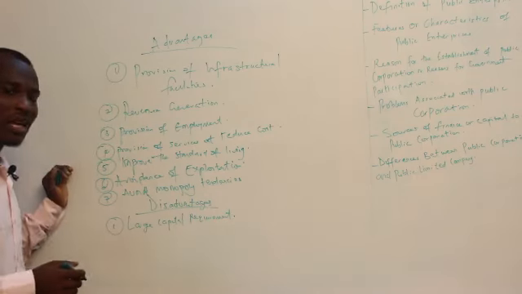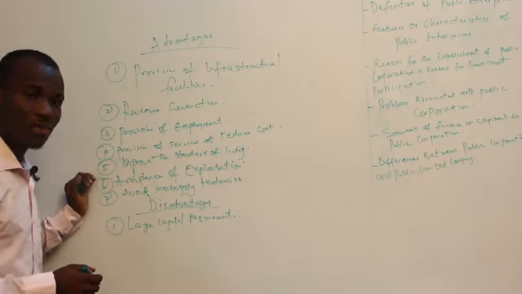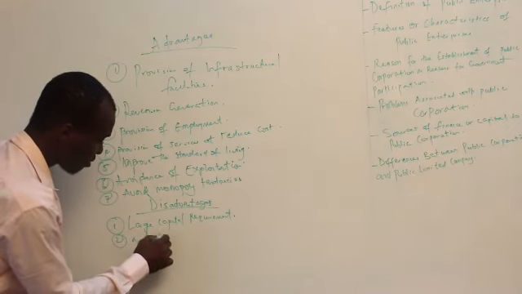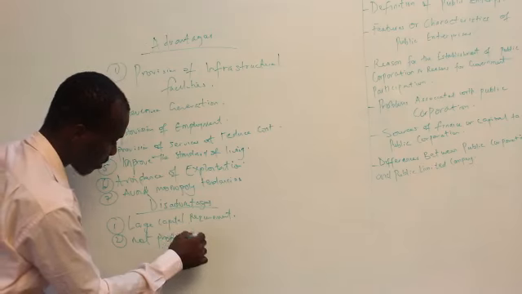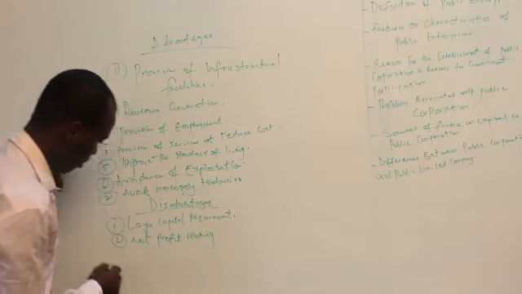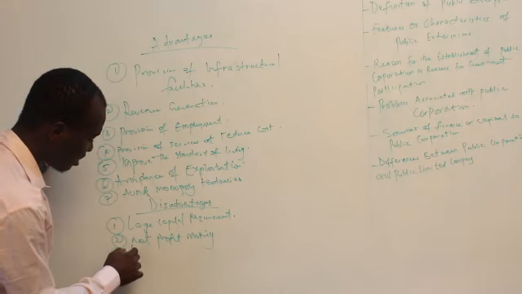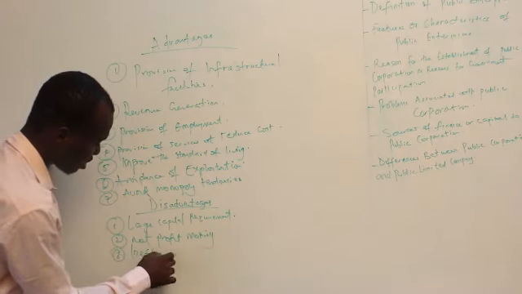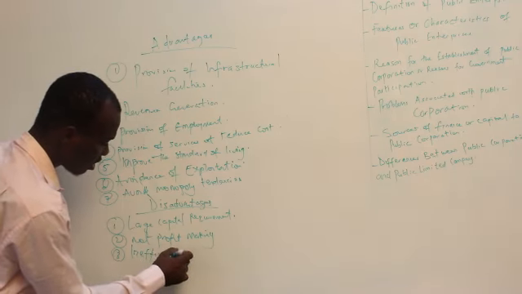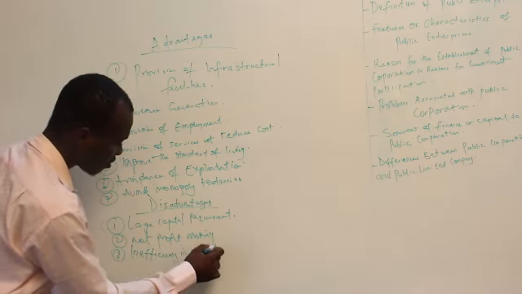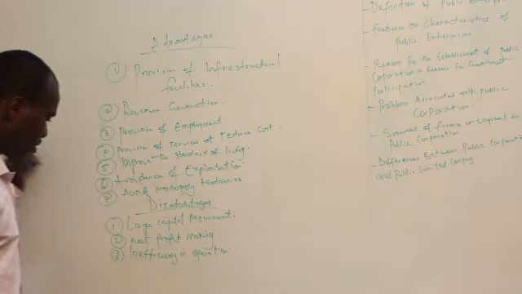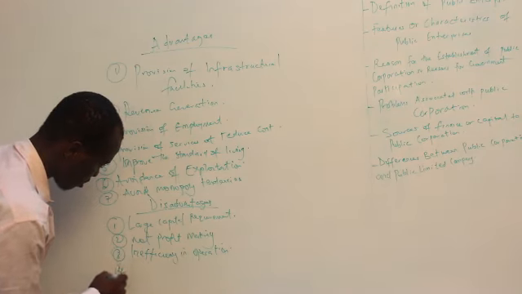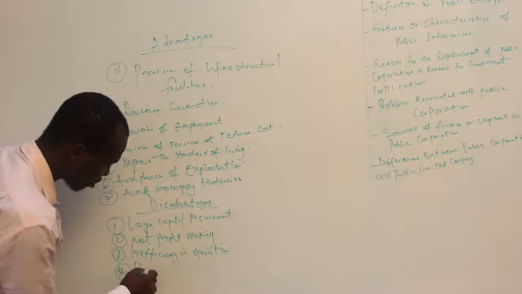Number 1 is the large capital requirement to establish the enterprise. It's not for profit making. Number 3 is inefficiency in operation. Number 4, we can talk about the aspect of bureaucracy.